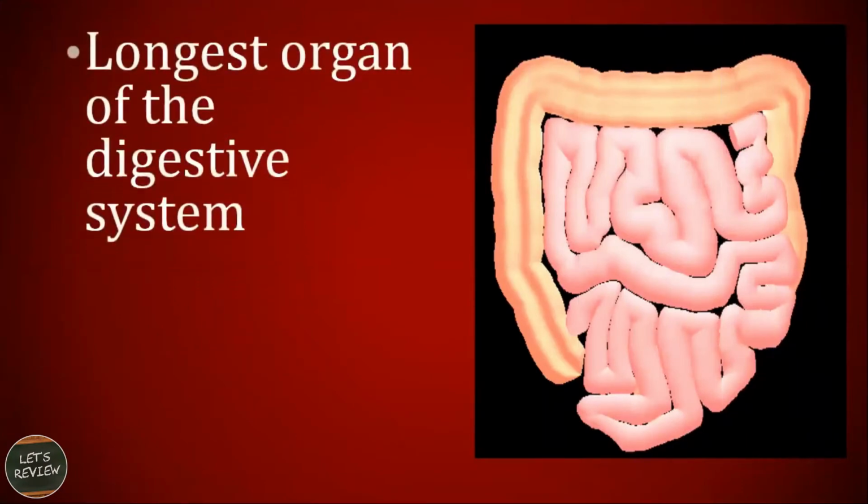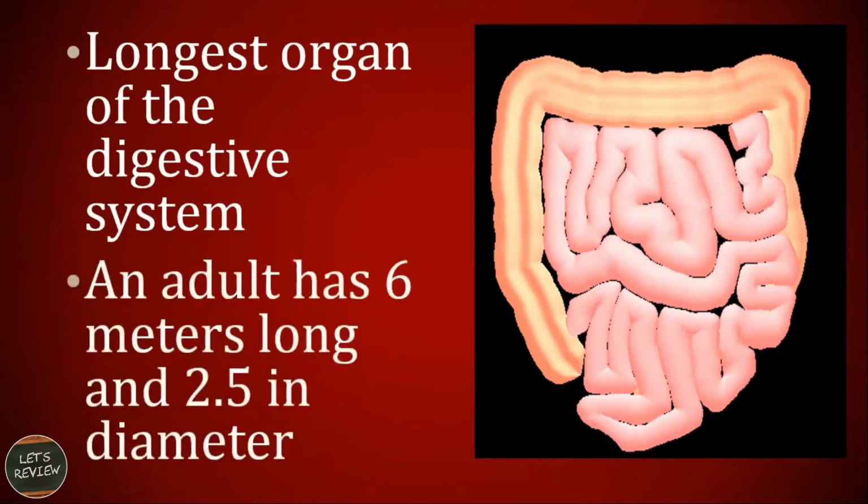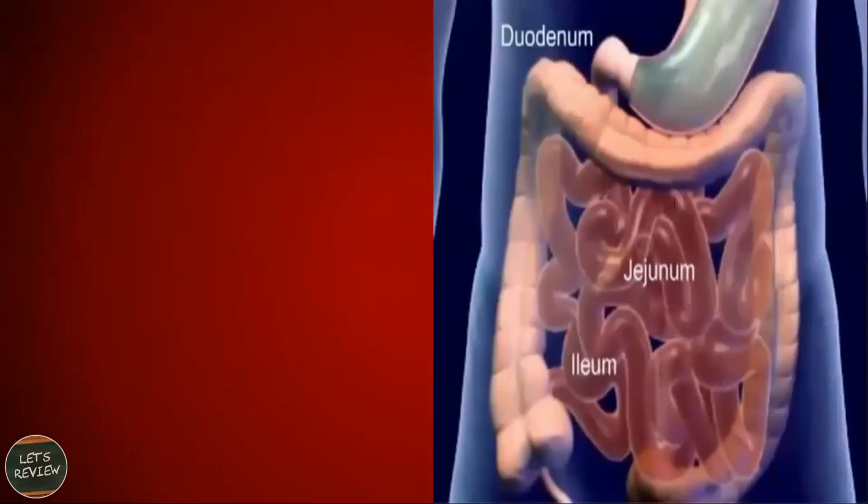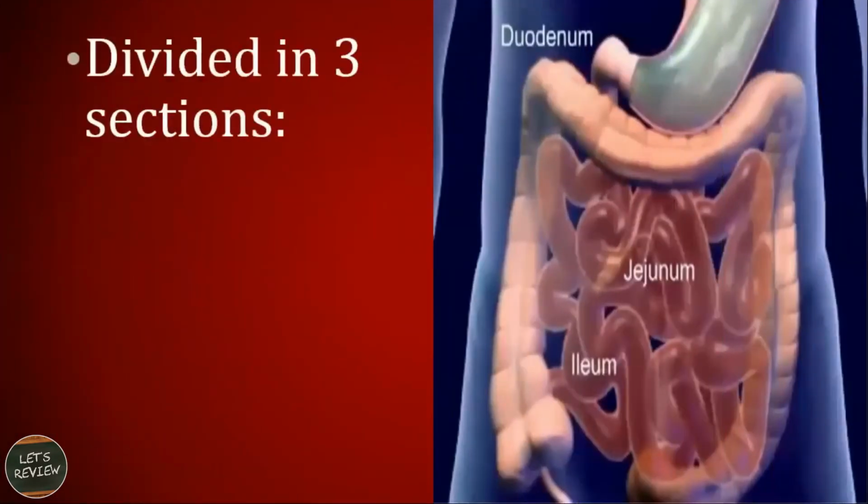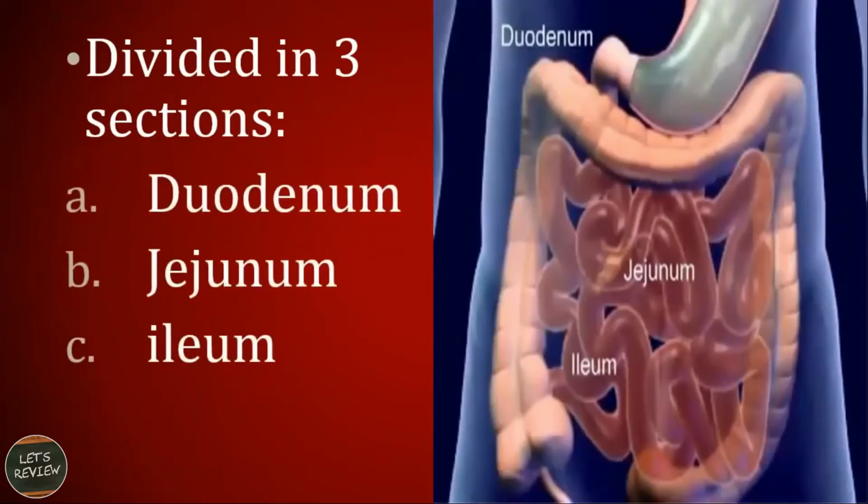It is considered to be the longest organ of the digestive system. An adult's is 6 meters long and 2.5 centimeters in diameter. It is divided into 3 sections, namely the duodenum, jejunum, and ileum.